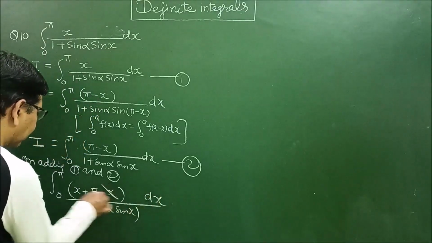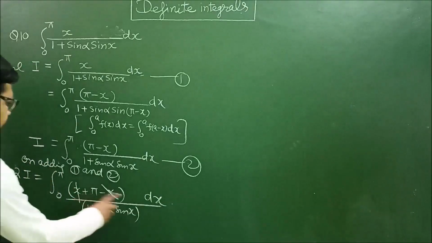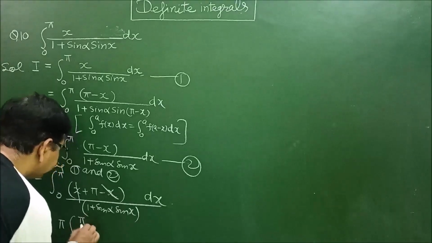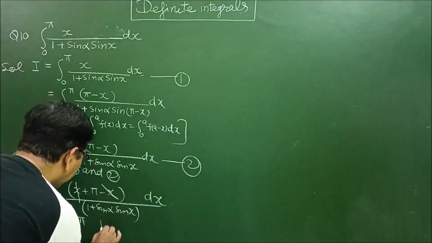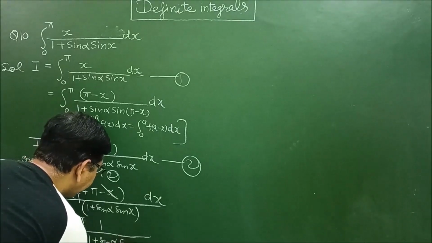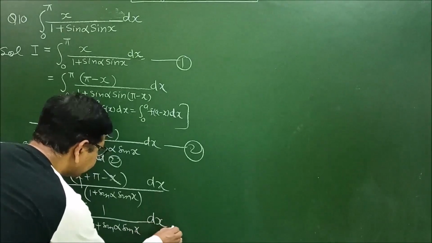Then x and x cancelled and pi is a constant, इसको हम बाहर ले सकते हैं. 2I is equal to pi times integral 0 to pi 1 upon 1 plus sine alpha into sine x dx.